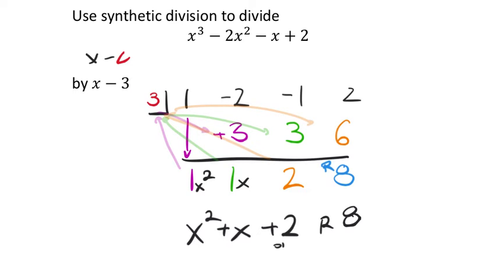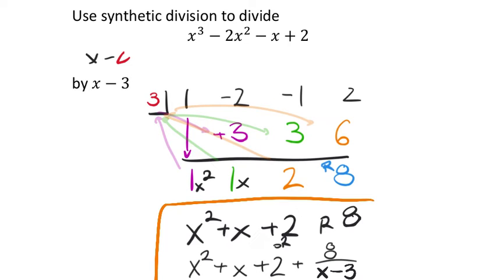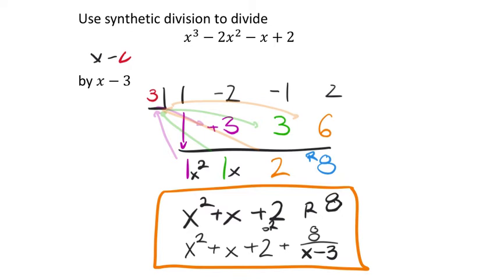Or if you want to write it with the remainder in the expression, you'd have x squared plus x plus 2, and then the 8, which is positive, we just divide that by the binomial there, x minus 3. So again, either one of these will do. Depends on what it asks for in the assignment, but just be aware, either way is usually good.